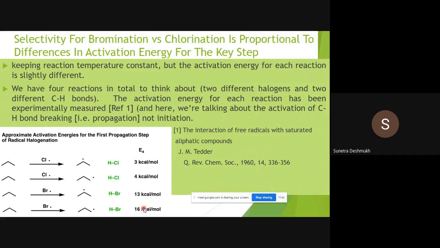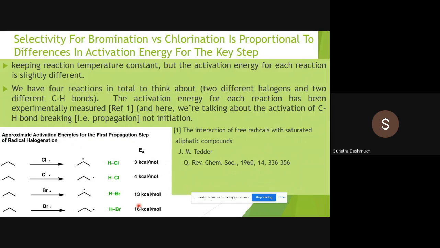So the difference in energy of activation between secondary and primary alkyl halide is 3 kilocalorie per mole. If you see carefully, the difference in chlorination is 1 kilocalorie per mole, and in bromination the difference is 3 kilocalorie per mole.